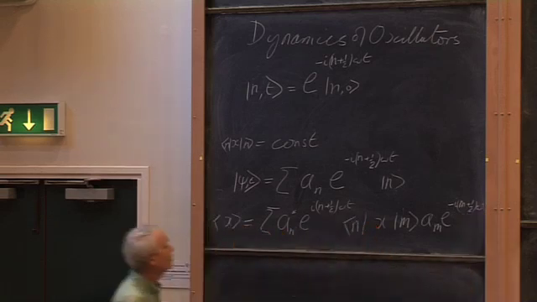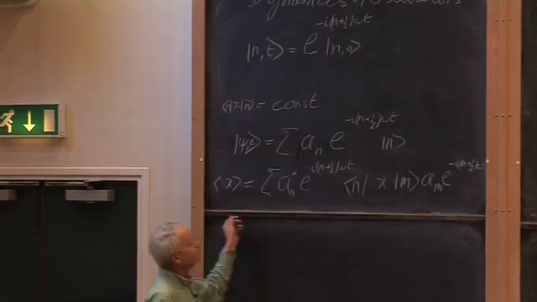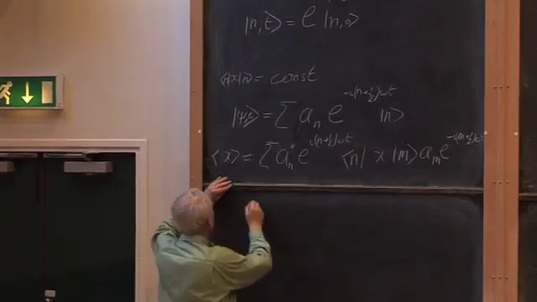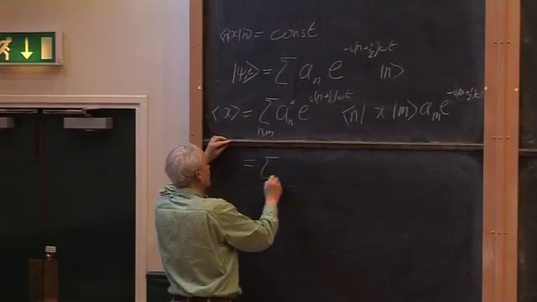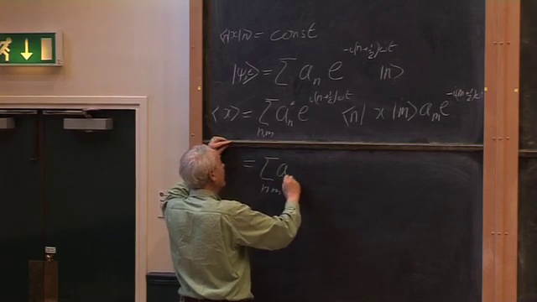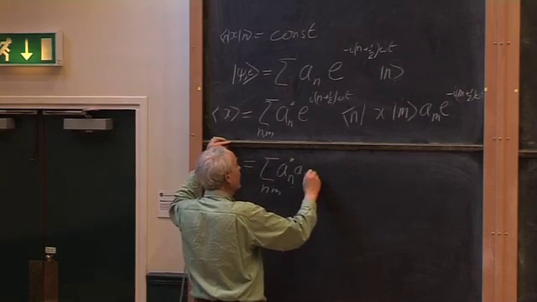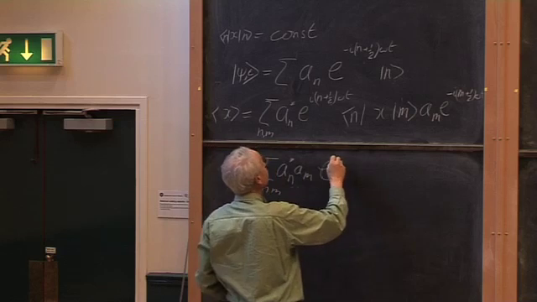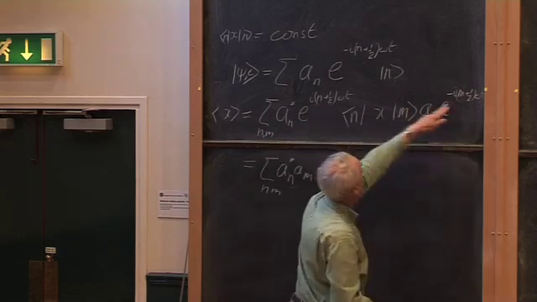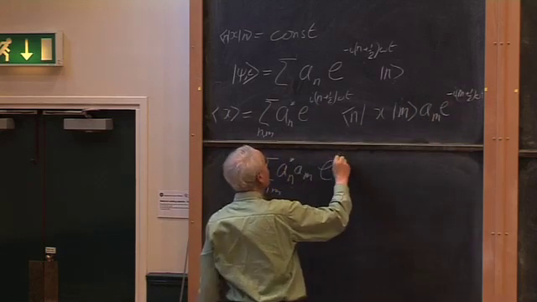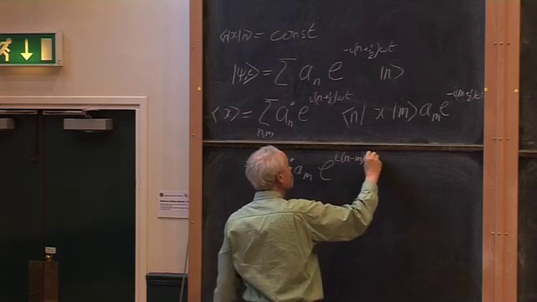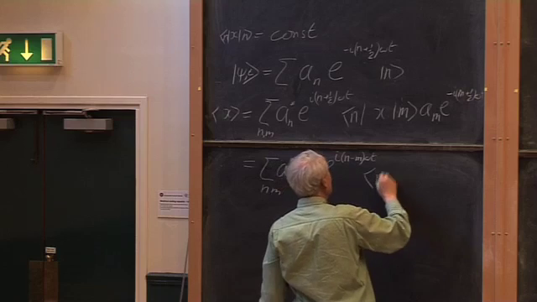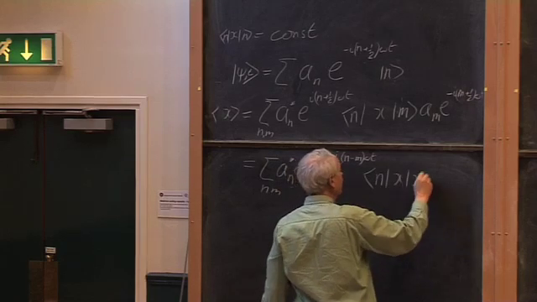So we can clean this stuff up. This is a sum over n and m, of course. It's going to be the sum over n and m of a n star a m e to the i n minus m omega t times the matrix element n x m.